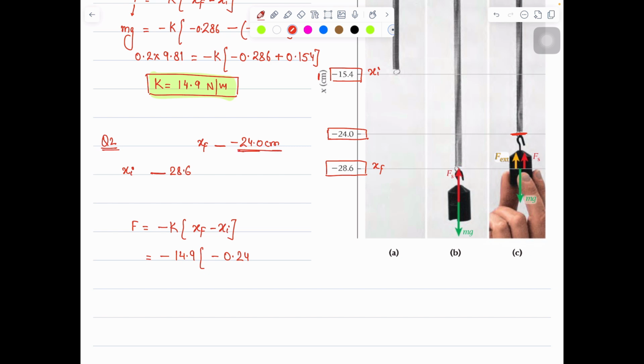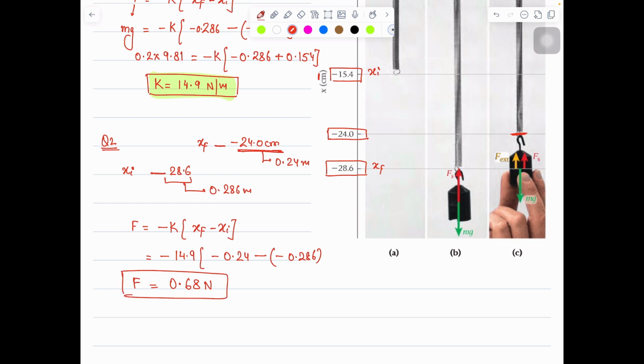I converted this into meter, it will become 0.24 meter. This will become your 0.286 meter. Minus minus plus, so 0.286. So your force will be, just calculate it fast, 0.68 Newton. So this is your force.